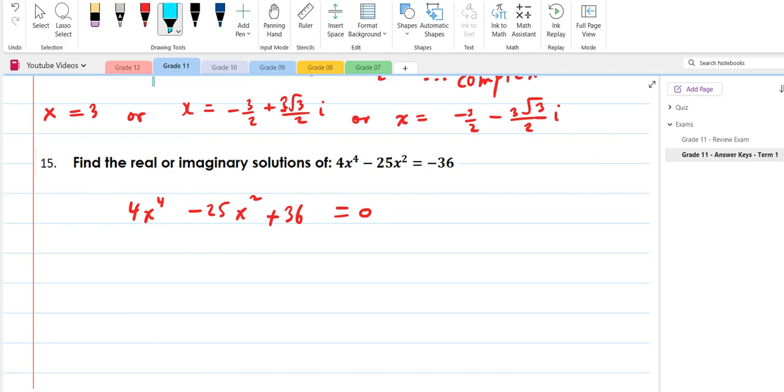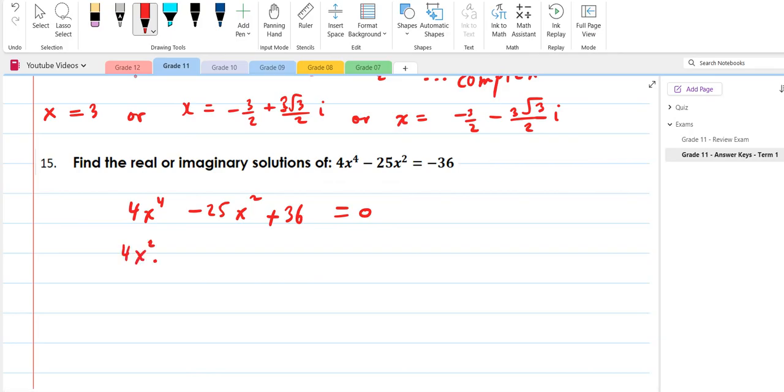And we can say let x squared be equal to k. So you can do this as 4 x squared squared.